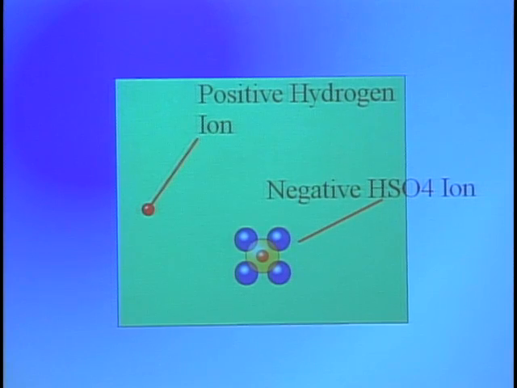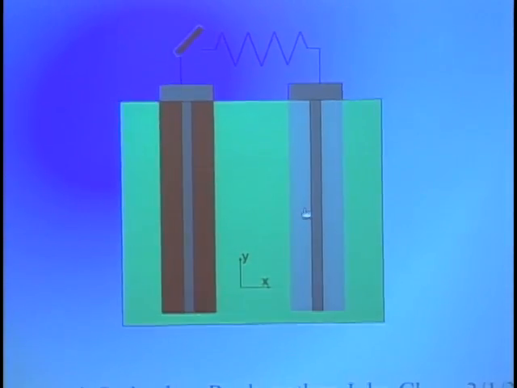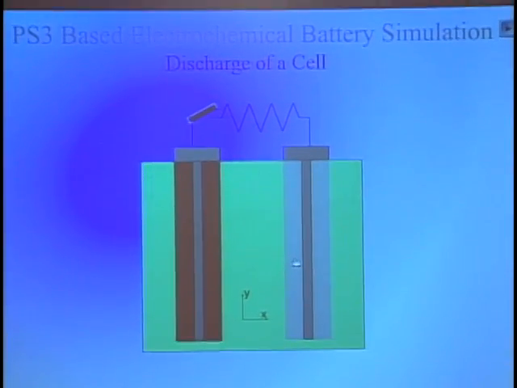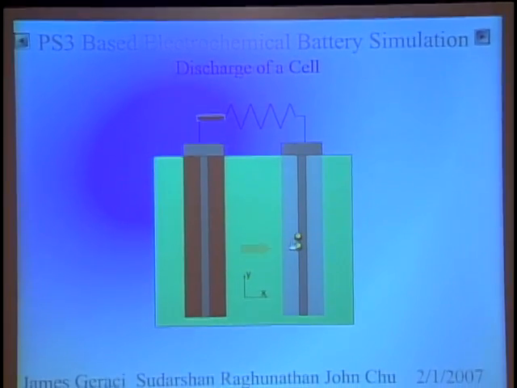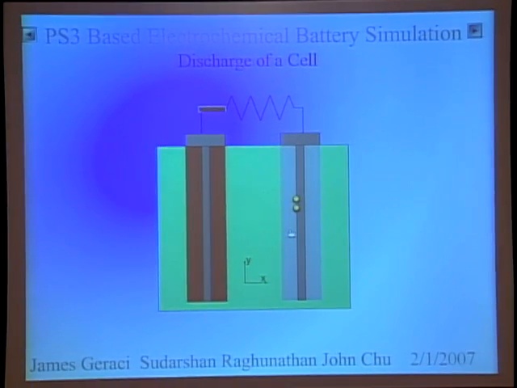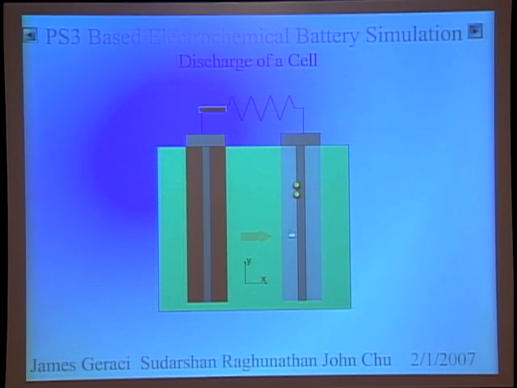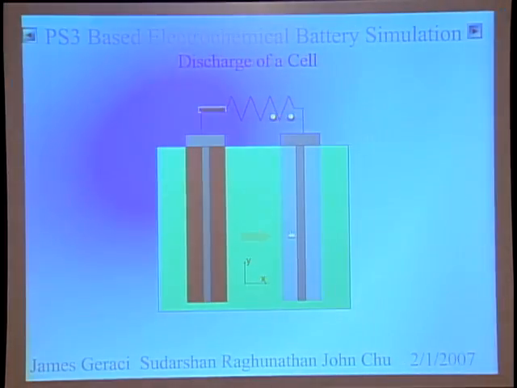When you discharge the battery, you close the circuit, and basically you have electrons flowing on the outer loop, and between the electrodes you have an ionic current. So you have a complete circuit around your loop, and this is the effect that the simulation is trying to simulate.